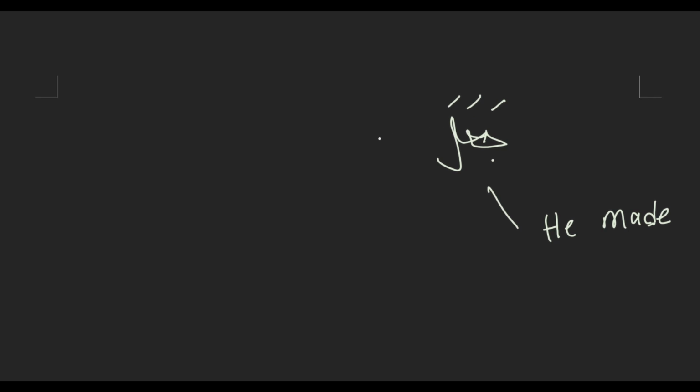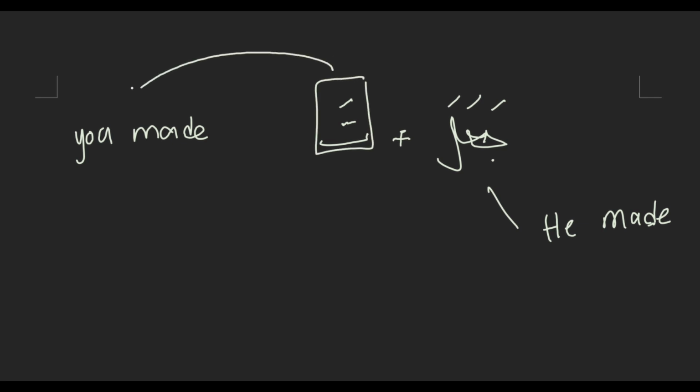So this is a base form, ja'ala. And when you add an ending, that tells you who the doer is. I'll give you an example. Ja'ala plus ta would translate as you made. Where are we getting the you from? From this ending, ta. The ta is an indication of the you.